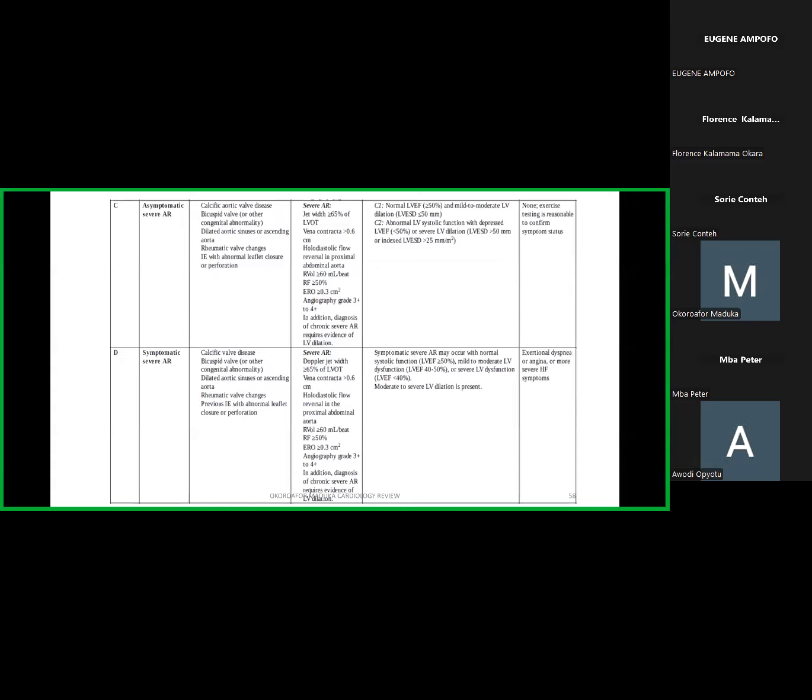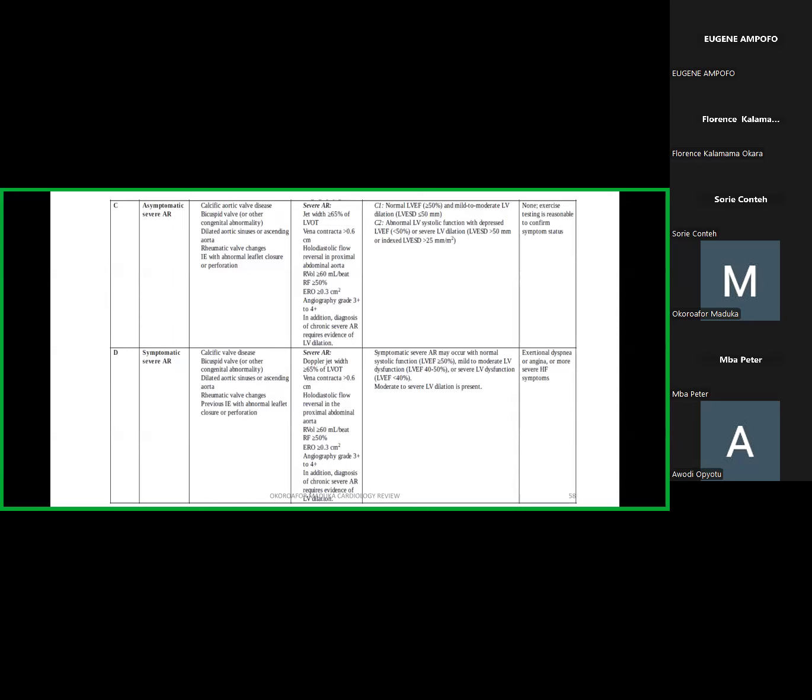For the C, which is the asymptomatic severe aortic regurgitation, they will have features on echo suggestive of severe aortic regurgitation. For those with C1, they will have a normal ejection fraction. For those in C2, the ejection fraction will usually be reduced. For the D, they are symptomatic and they have severe aortic regurgitation.